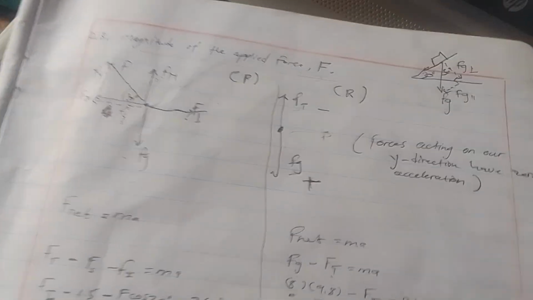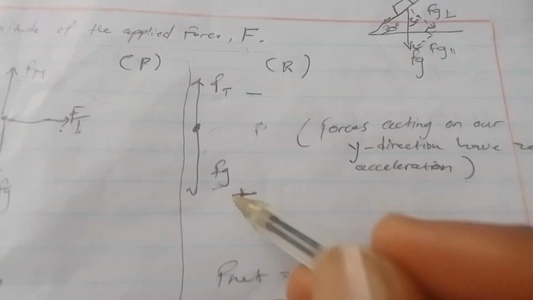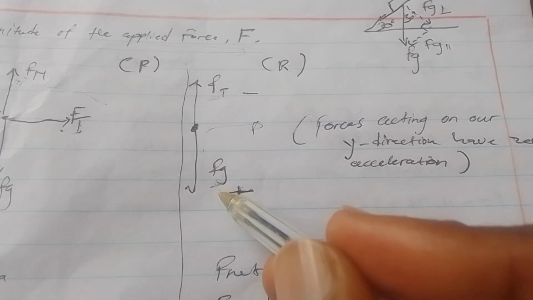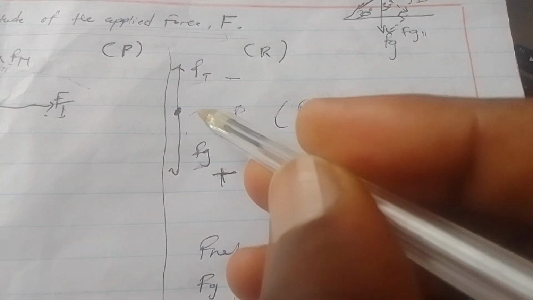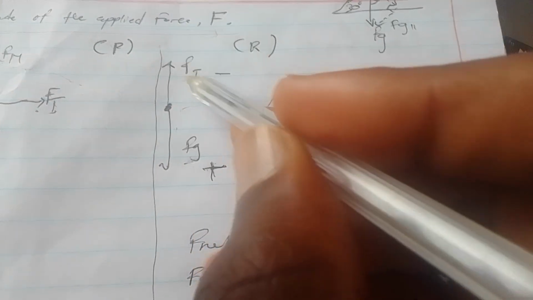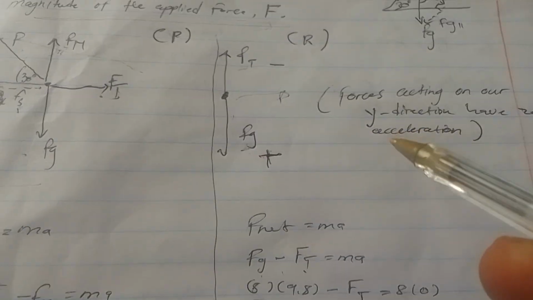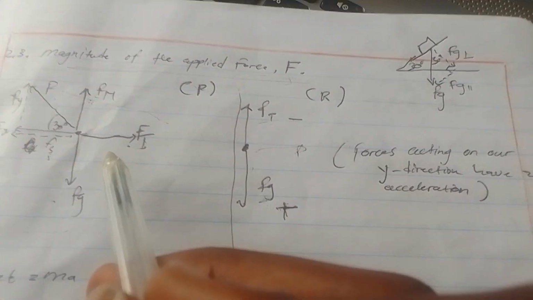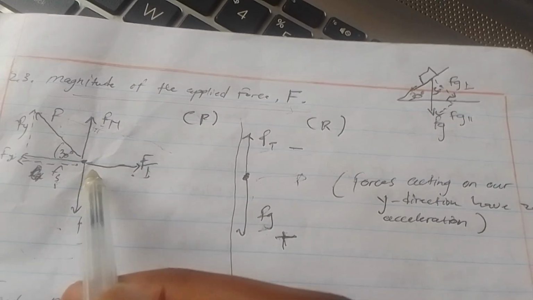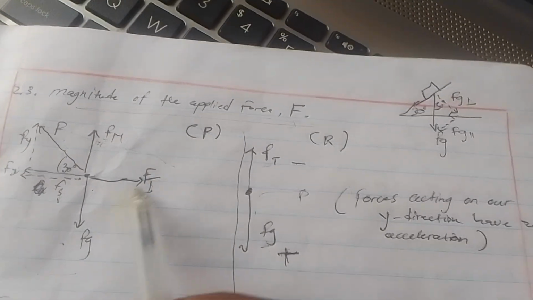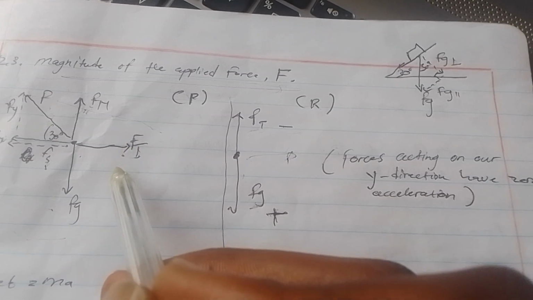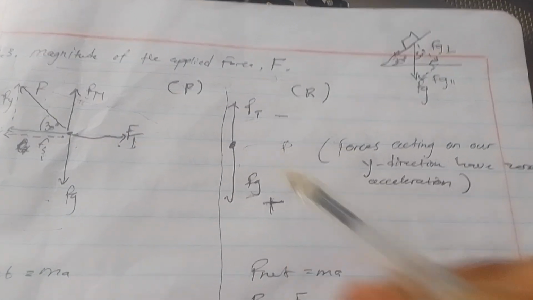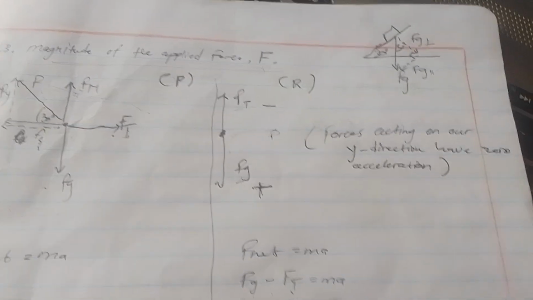So our overall direction is right. So our force of gravity will be positive, and our tensional force will be negative. And don't forget, these tensional forces are opposing one another. The only difference is that block P was on a horizontal surface, and block R is just dangling there.